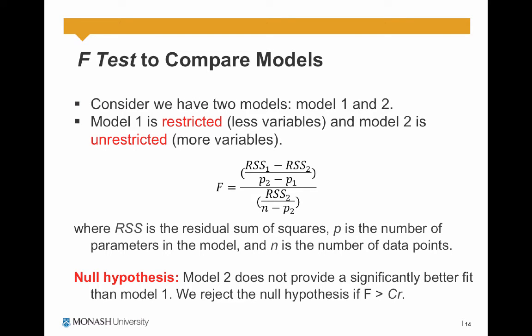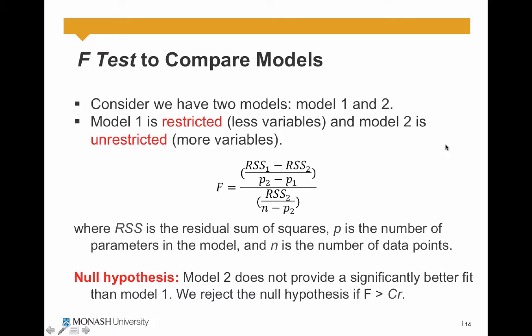So a little bit more information about the F-test. For example, we have two models, model 1 and model 2. Model 1 is a restricted model, meaning that it has fewer variables, while model 2 is unrestricted with more variables included in the model.